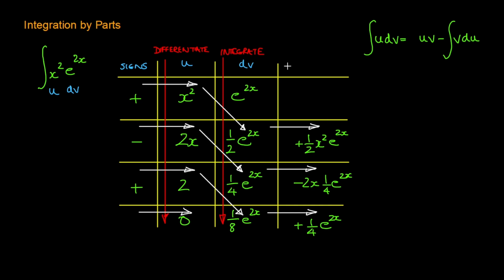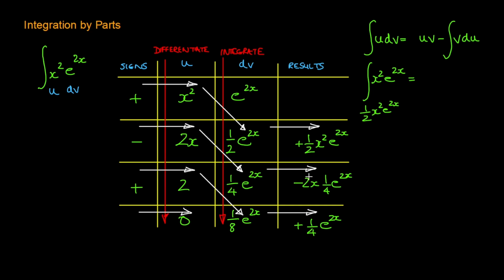So this column really is results. So I can say that the integral of x squared e to the 2x is equal, better come down to another line here, this term here, which is a half x squared e to the 2x. Then this term, is it simplified enough?